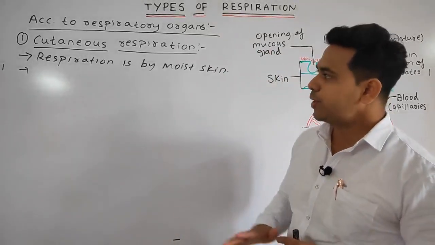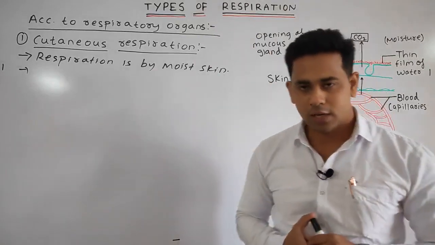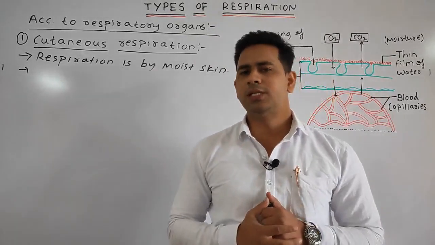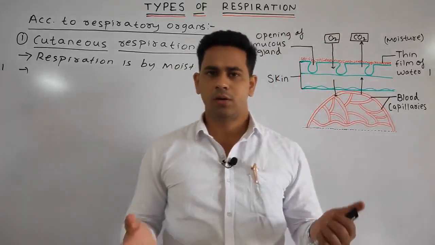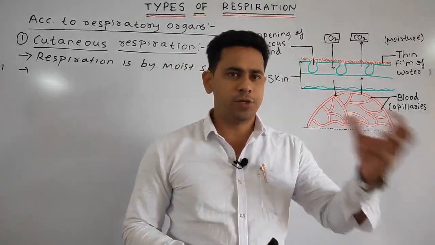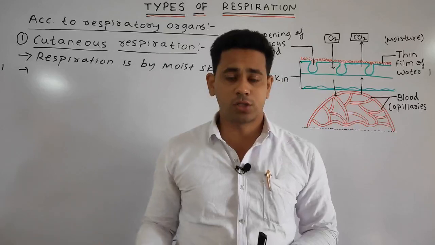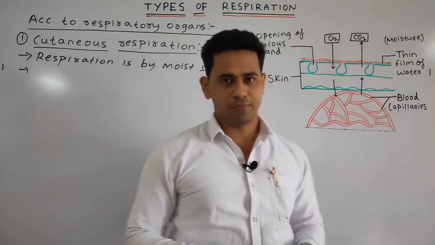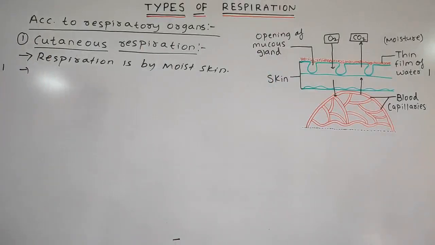So first point, the respiration is being done by the moist skin. The cutaneous respiration is generally seen in the case of the leech, earthworm, some fishes and also in the frogs. But in the case of the hibernation period, hibernation means the winter sleep. So we can write our next point.